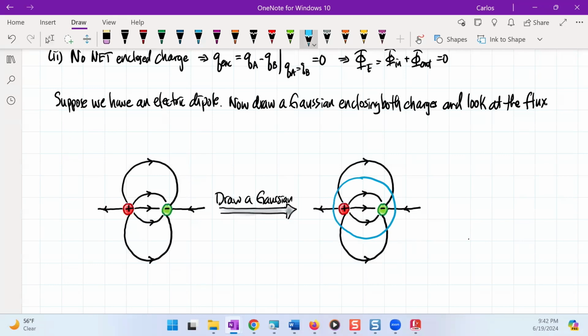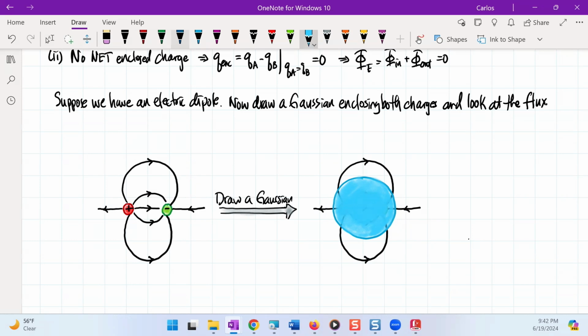So I'm going to start coloring this. I don't need to know what's inside. What I need to know is where the field lines cross the Gaussian.